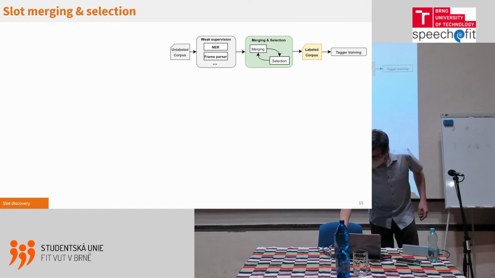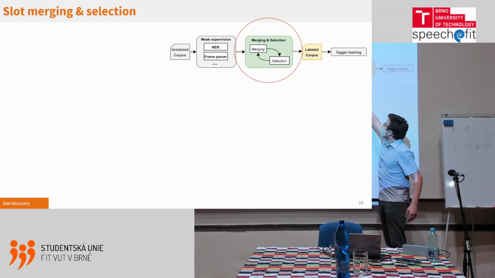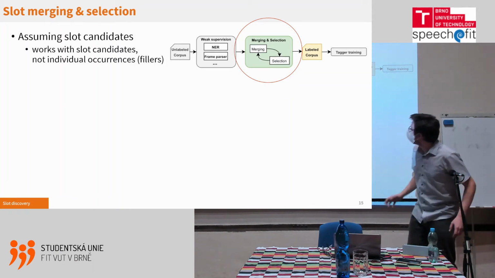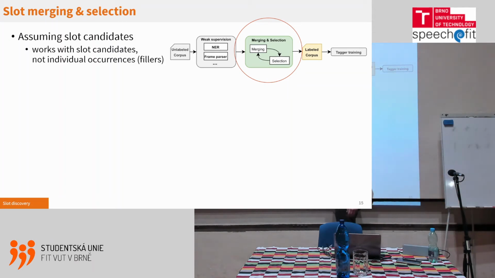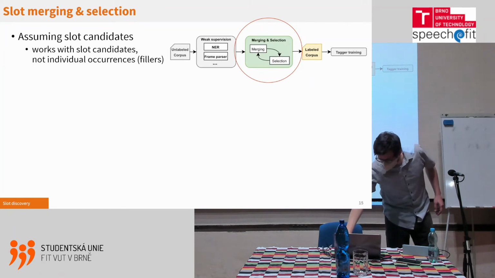So basically, in the merging and selection part, we assume that we have some candidates for the different dialog slots from the annotation.